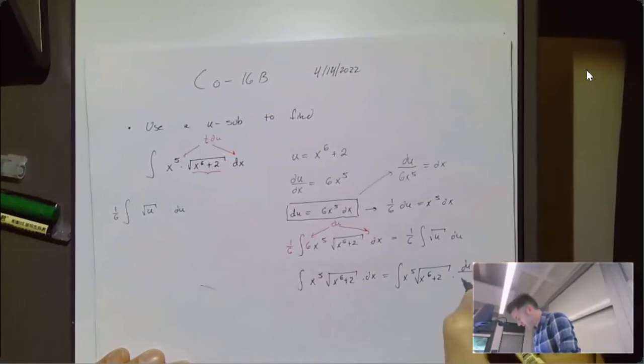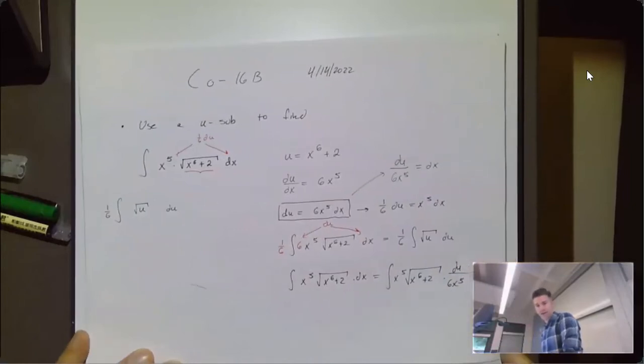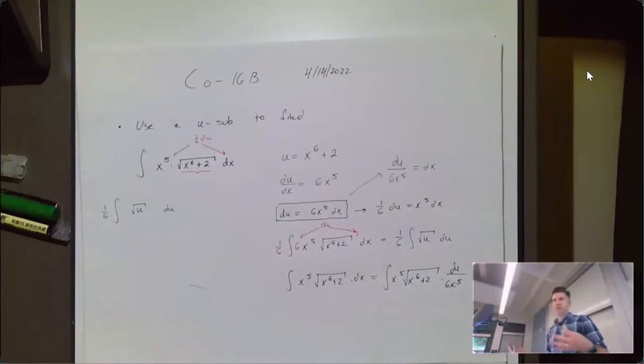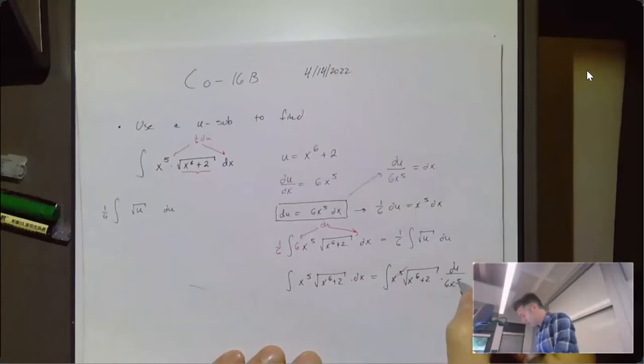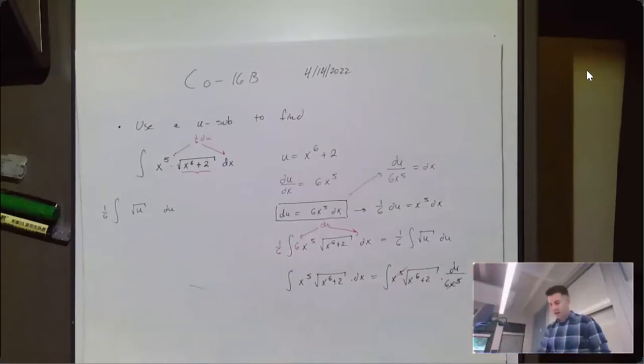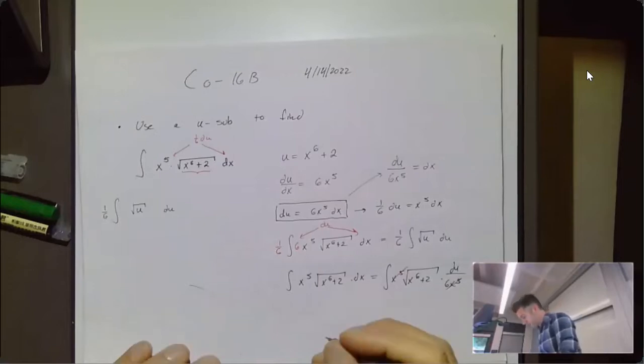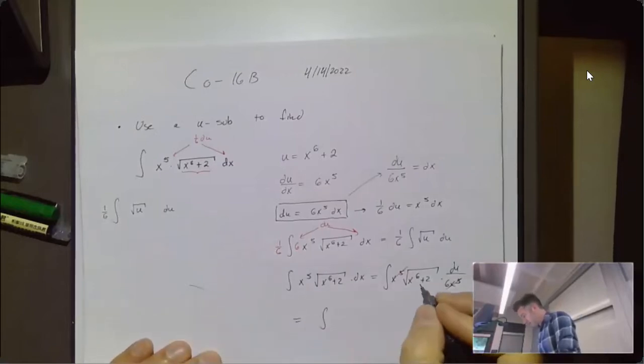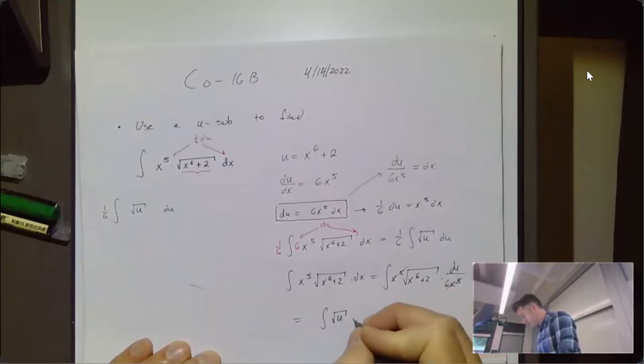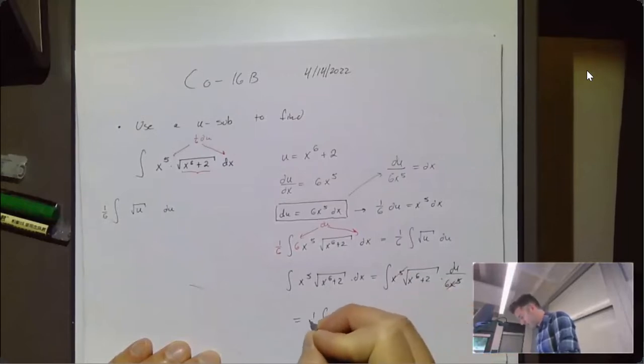This certainly looks kind of wrong in that your integral has x's and u's, and we need all u's or all x's. But what we see here is the x to the 5th here can cancel with the x to the 5th down there. And then the remaining integral is the square root of u times du over 6.